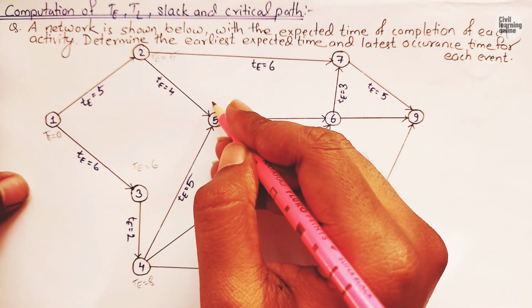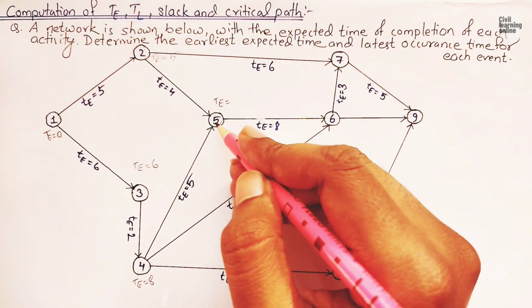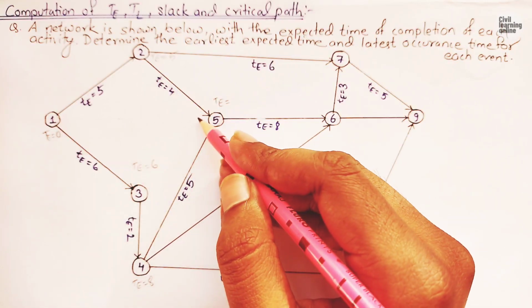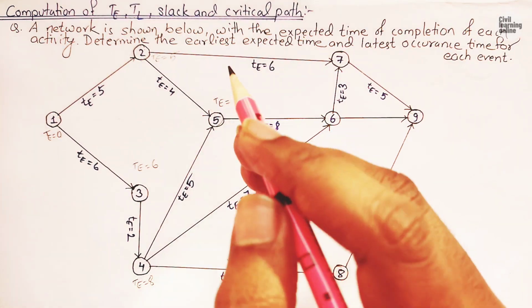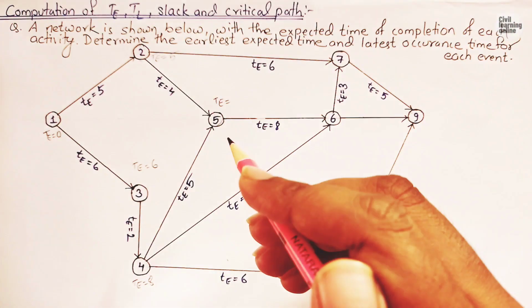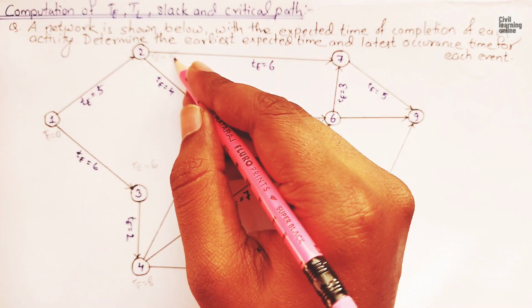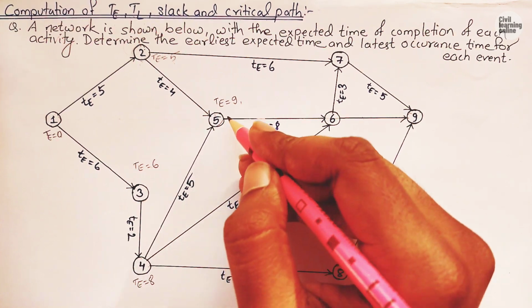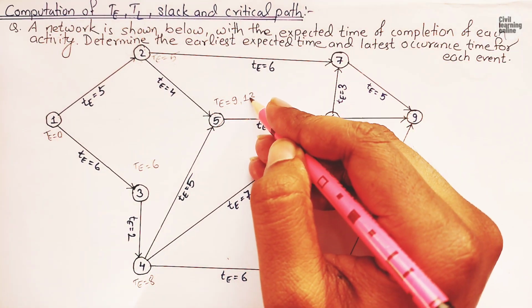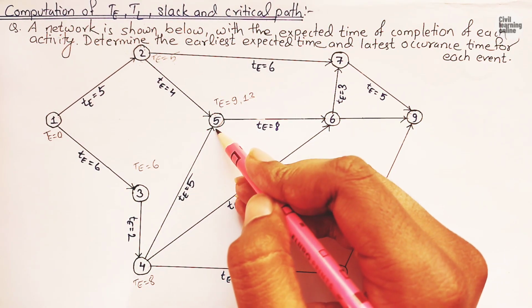Similarly, TE of event 5: for 5 there are 2 predecessor events, one is 2 and one is 4. So here we will have 2 values and we will take the maximum of those. So 5 plus 4 is 9, and 8 plus 5 is 13, and the maximum of these two will be the earliest expected time of event 5.